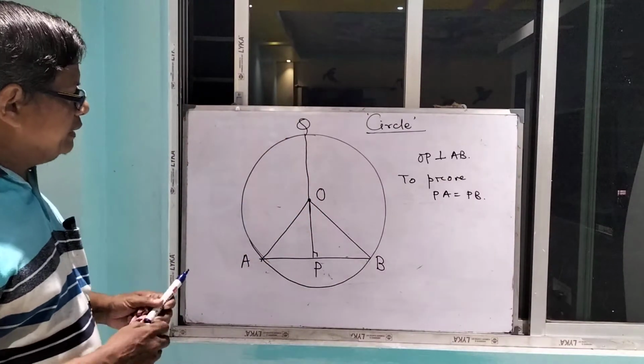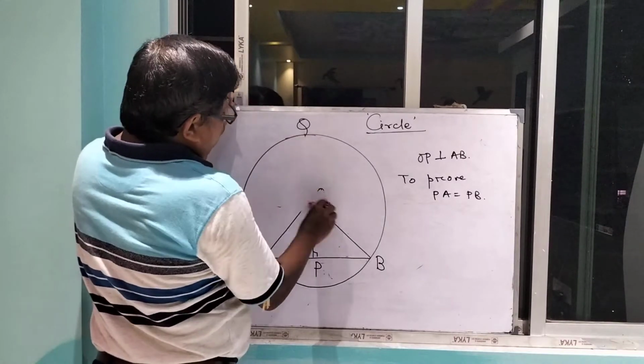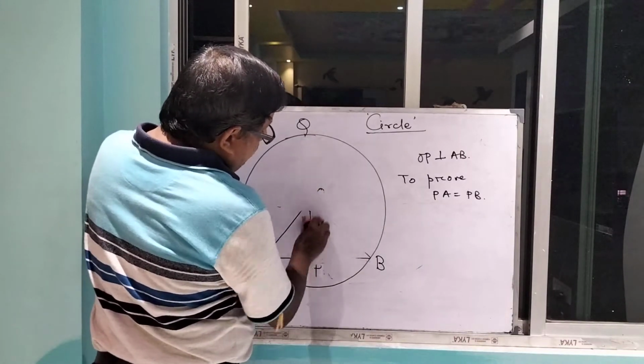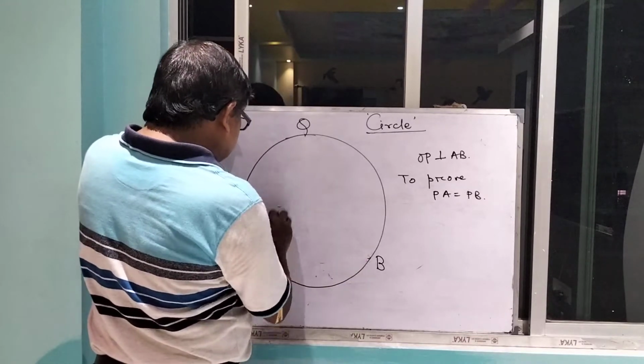And another thing: two equal chords are equidistant from the center.